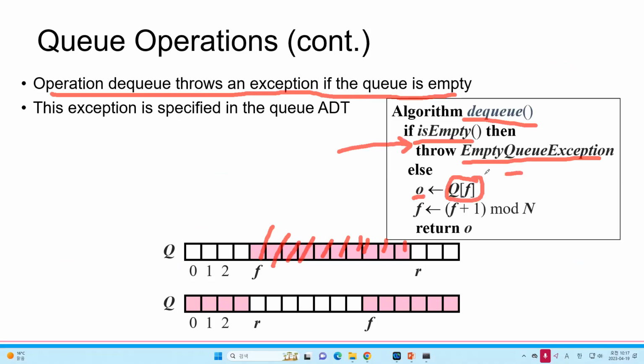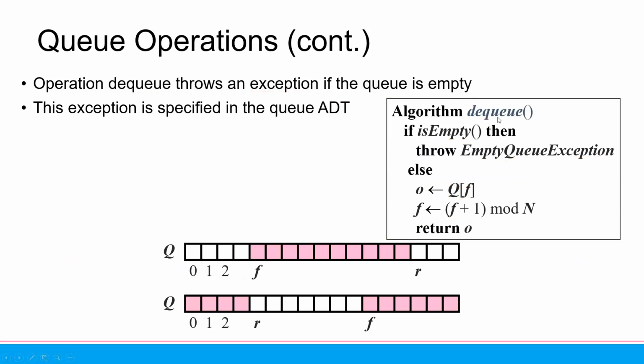The first object is located in F. So we will take the object in the position F, and then we will update F. F will be F plus 1 modulus N. So it is the same as R: R plus 1 modulus N.